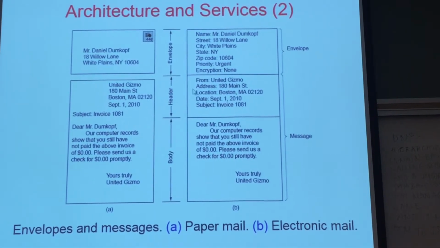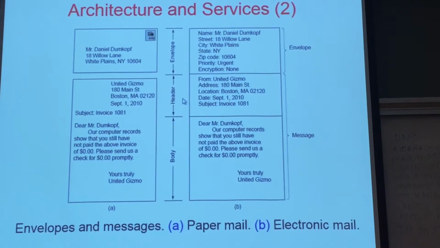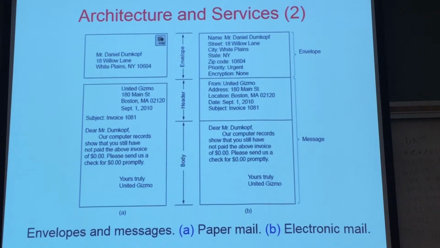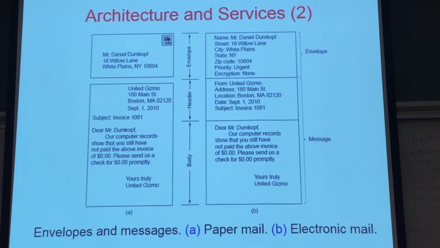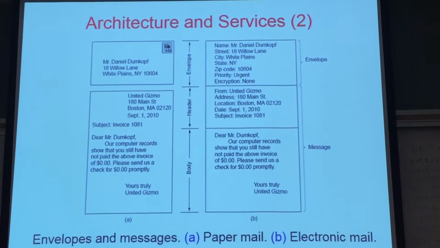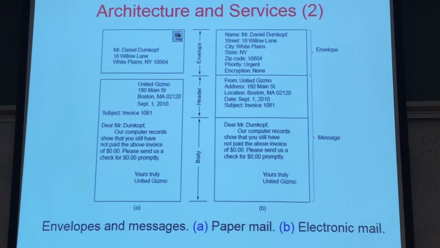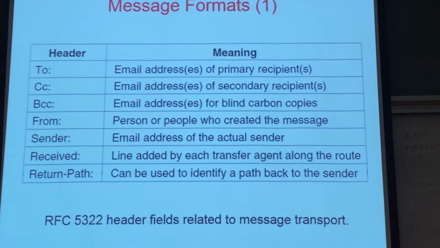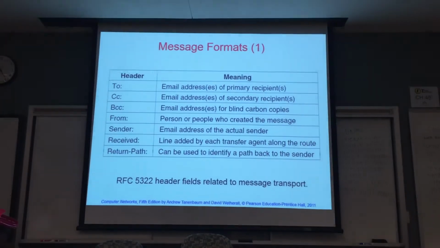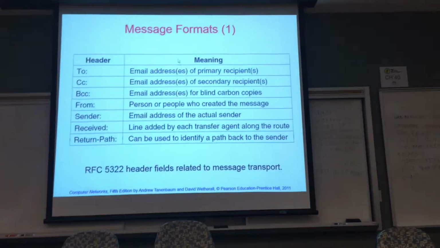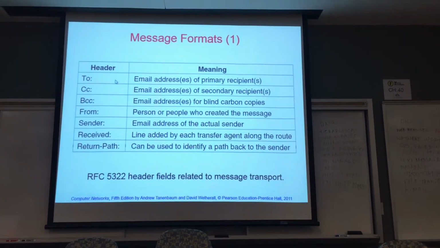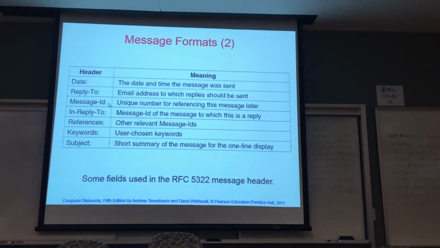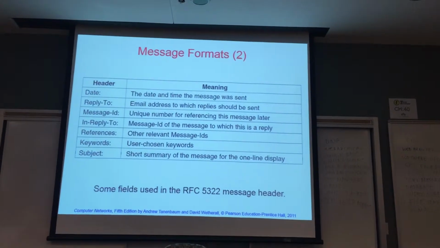So we attach this header to the message, which contains the Simple Mail Transfer Protocol control information that is used by the email client and servers. This is some of the information that is in the header: to whom it's going, CC, from, return path, date, and so on.